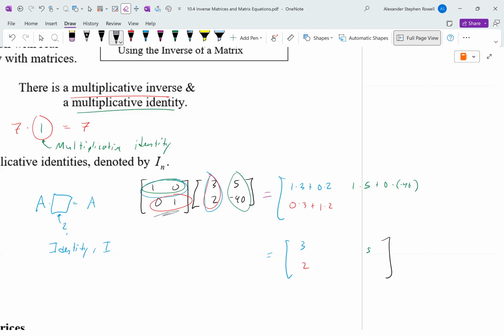And finally, 0 times 5 plus 1 times -40, and we get -40. Do you believe now? Multiply by identity, we get the same thing back?